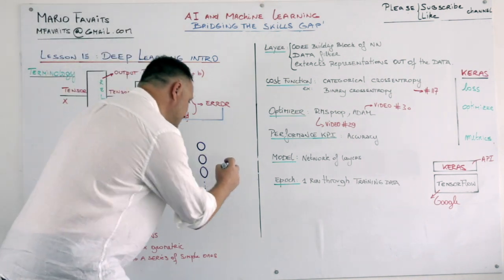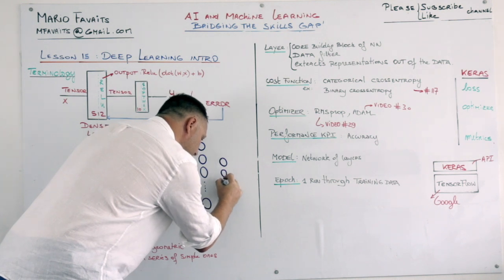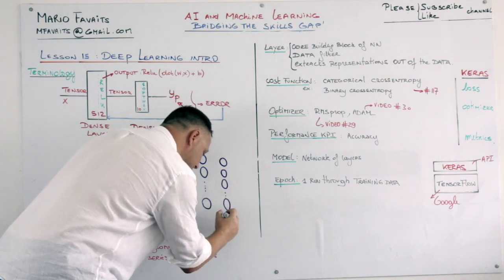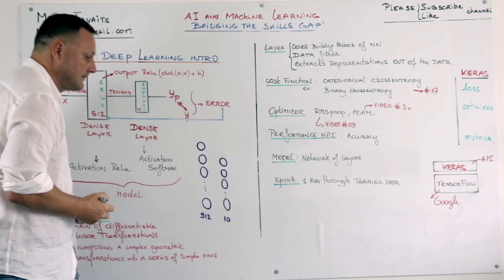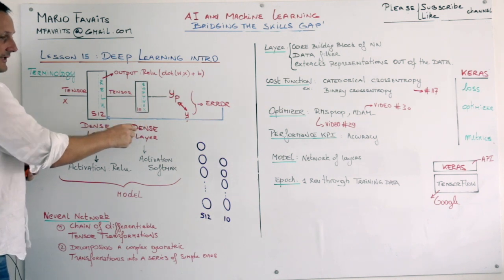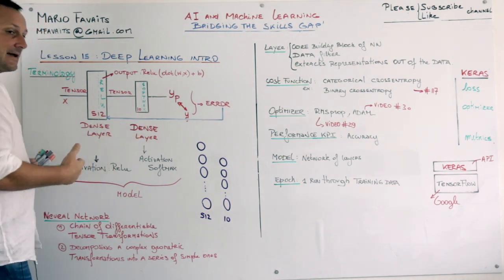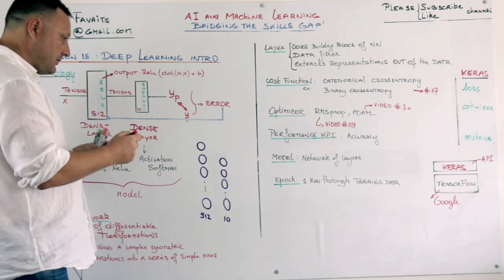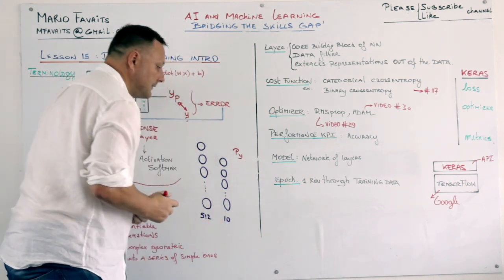So your second layer has 10 units, 2, 3, all the way down to 10. So this has 512 and this has 10. And the output is a probability distribution, because softmax is the activation. So the output is a probability distribution for y.